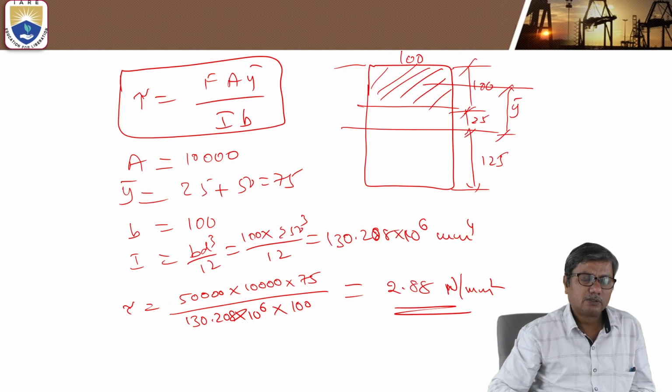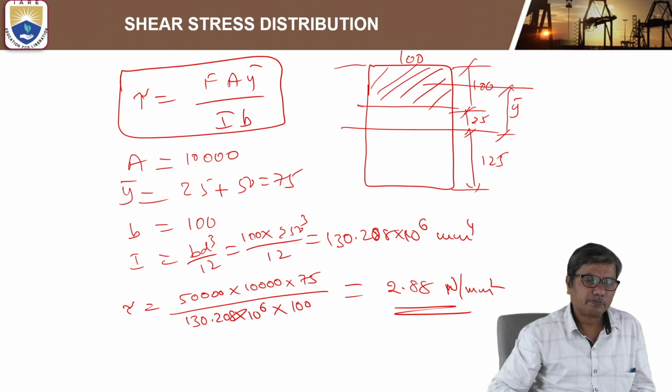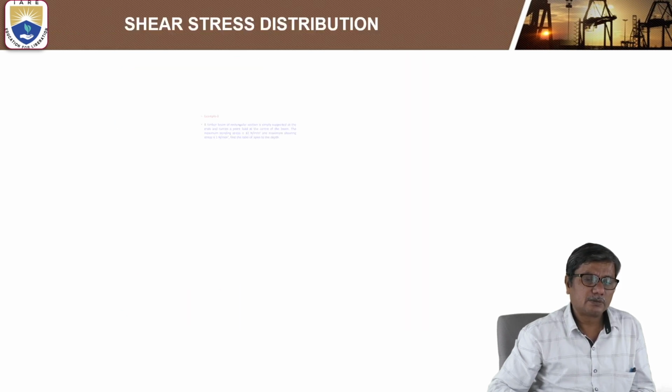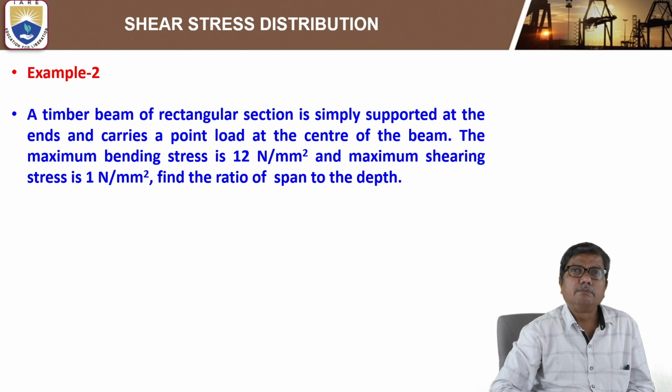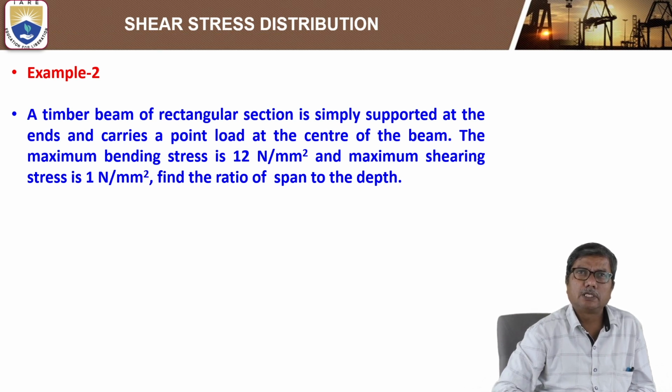So this is the first example. Now let us see another example. It reads out like this. A timber beam of rectangular section is simply supported at the ends and carries a point load at the center of the beam.